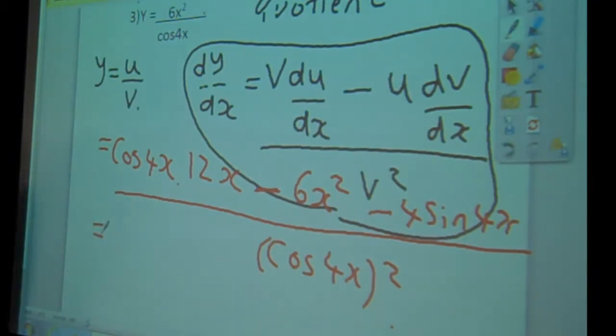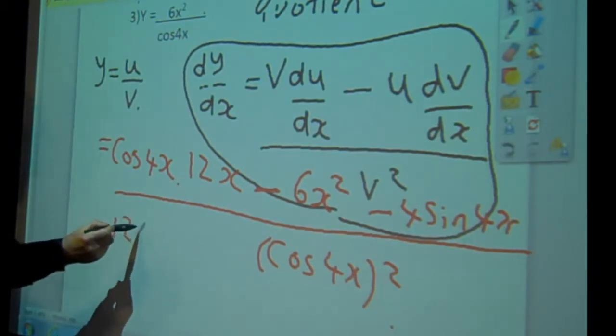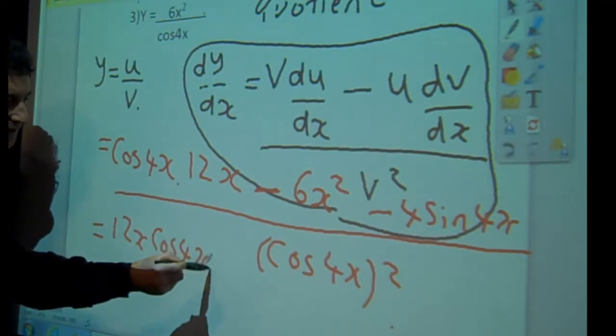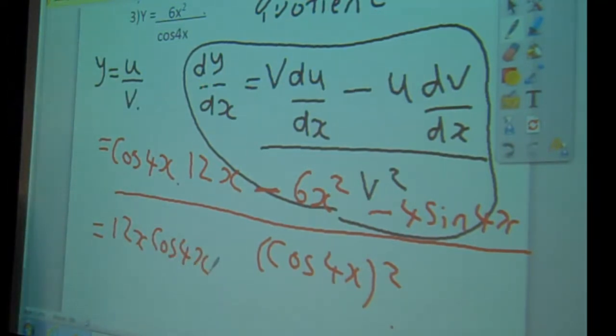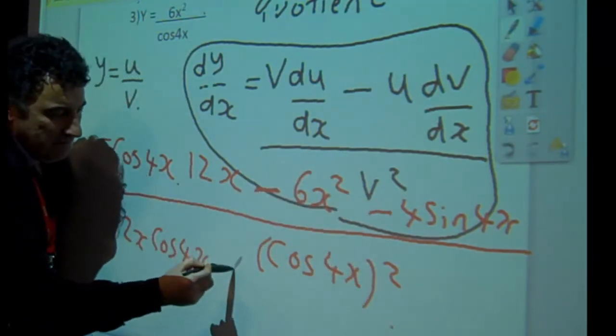What do you think the 12x will do? It will go to the front there, just tidy it up. It doesn't affect the sum because it's multiplying. Yeah, it's multiplying out. 2 3s are 6, 3 2s are 6, so it doesn't matter which way the 2 and the 3 is. A minus times a minus is a plus.